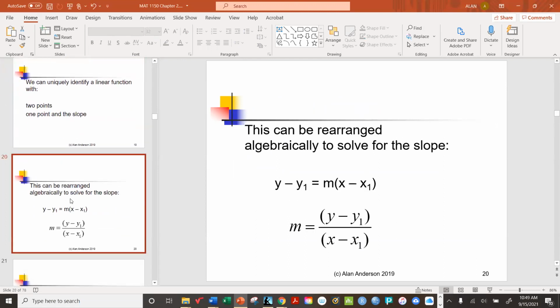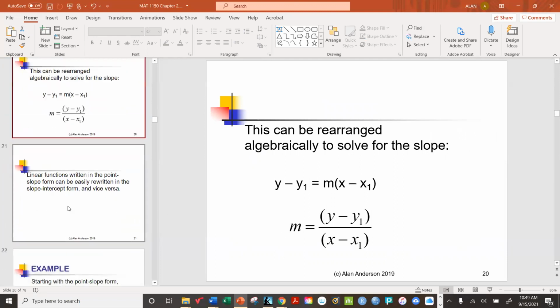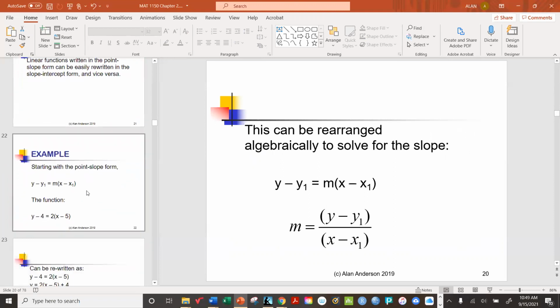Now, for example, if I take this expression, the point slope form, and rearrange it, you can see the slope makes sense. It's y minus y1 equals m times x minus x1. So let me show you how that would work. First, this is the abstract, the general form. We want to look at a specific case. You'll see it's kind of the same thing.